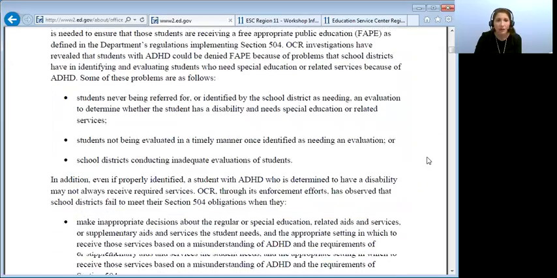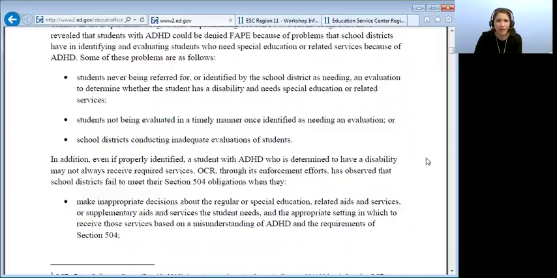Also, it talks about here that the main finding OCR found was that many times districts failed to meet their Section 504 obligations when they were not making appropriate decisions about the regular or special education related aids and services or supplementary aids and services that the student needed, and the appropriate setting in which to receive those services, based on a misunderstanding of ADHD and the requirements of Section 504.